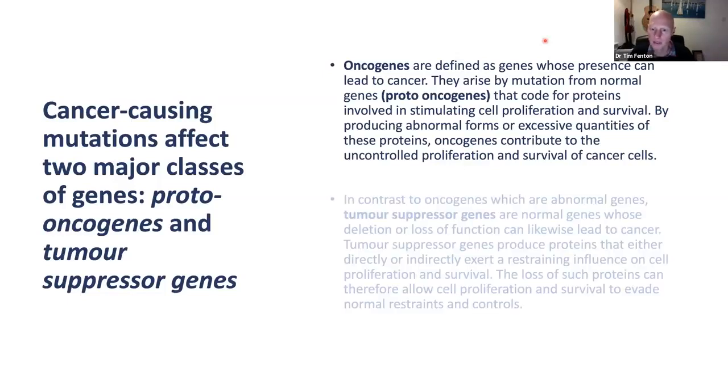On the flip side, tumor suppressor genes, which I'm not going to talk about today, that would be the next lecture. So you'll have to come to Kent if you want to hear that one. These are genes that are normally involved in slowing down cellular proliferation, for example, and countering the activity of proto-oncogenes. So normally in a healthy tissue, these are finely balanced.